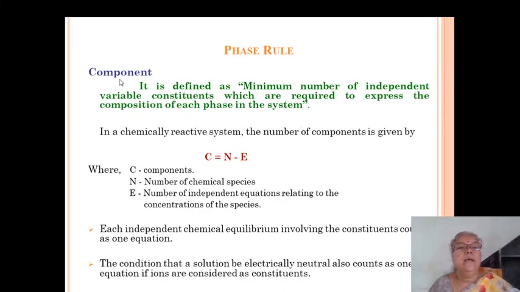Then another term, that is the component of the system, and the number of components of the system is defined as the minimum number of independent variable constituents which are required to express the composition of each phase in the system.